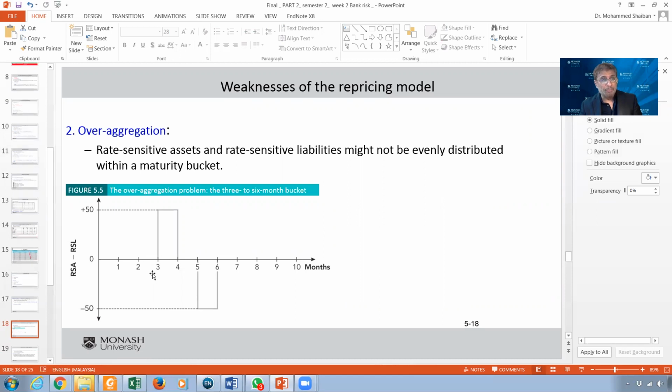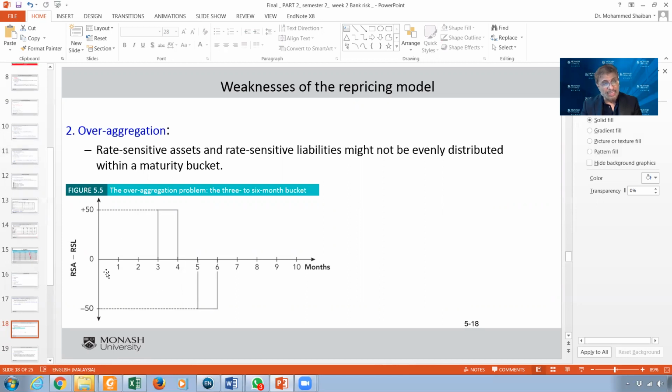There are no gaps here. It looks like there are 0 gaps. Here, there is 1 gap, which means plus 50. In month 4, there is another gap, it is 50. But then month 5 is minus 50. 6 months is minus 50. If you look at them, it looks like this one is actually a 0 gap.